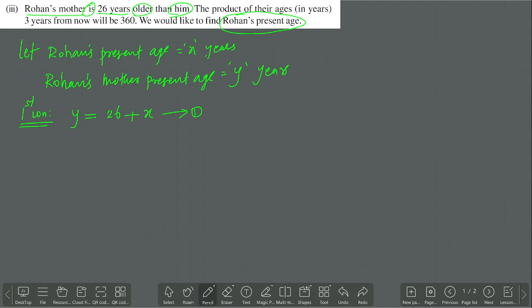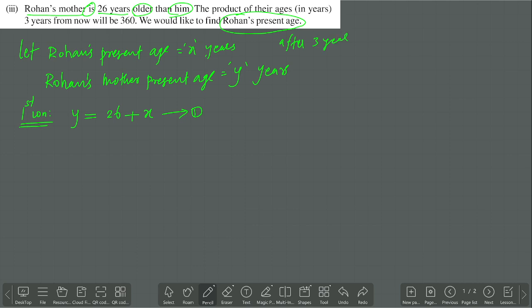Now next, the product of their ages 3 years from now. 3 years from now in the sense in each age 3 will be added, because 3 years from now.